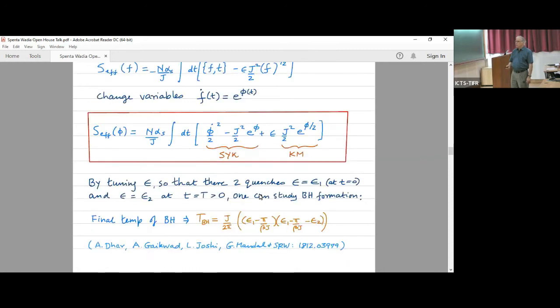And if you do the calculation, you will find that the Kourkoulou-Maldacena operator gives rise to an additional term over here, which is just exponential of phi upon 2, rather than exponential of phi.